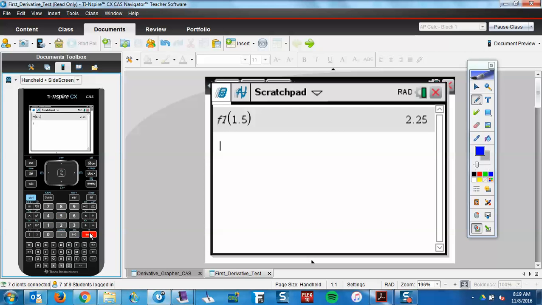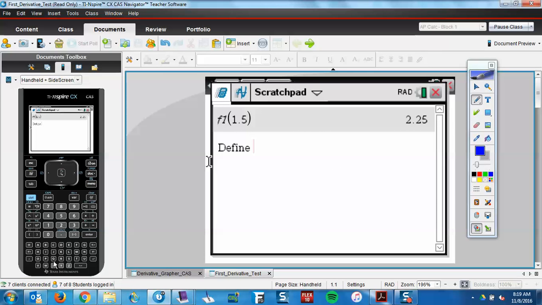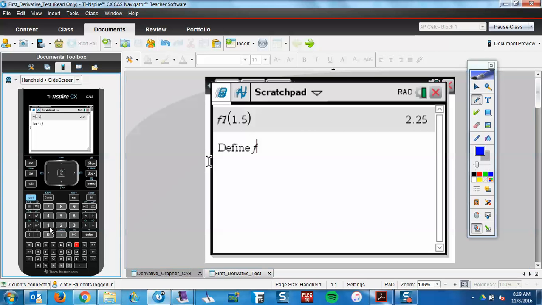And there it is, right? So that's a quick way to plug something into a function: put that function in your graph screen, or you could do it right here. I think I showed you this, maybe; if I haven't, let me show you right now. I can type out define. I know we did that with that program thing, but I could just define f1 of x, or it wouldn't even have to be f1.